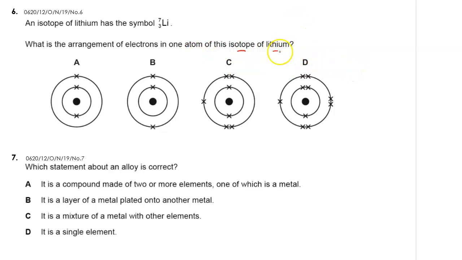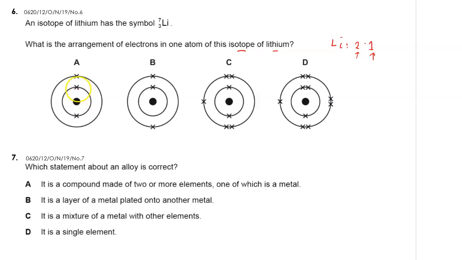Of course, lithium has 3 electrons. Therefore, its electronic configuration is 2,1. So 2 electrons in the innermost energy level and 1 electron in the outermost energy level.